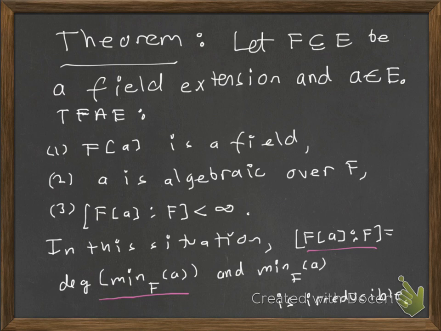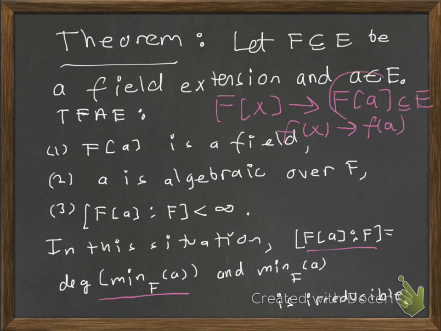Now, remember that it is also the generator of the kernel of the evaluation map that takes each polynomial in F[x] to its value at A, like this. So this is a ring homomorphism into E, and its image is this, right?